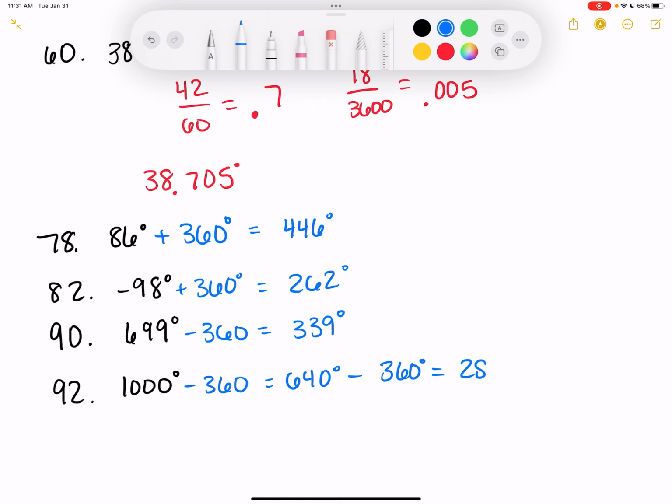Which gives me 280, and since that's less than 360, I know that's the least positive one. Now they have ones that go all the way out to like 8,440 degrees. I'm not gonna have you do those. But if I was, I would multiply 360 by like 10 and then subtract that off.